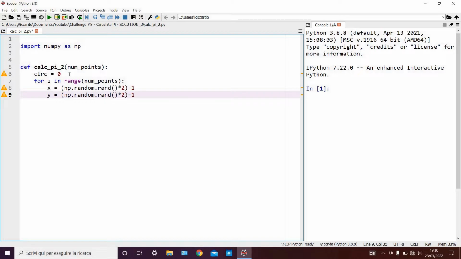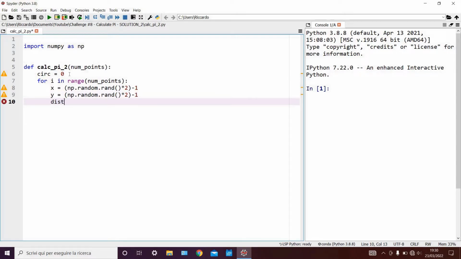Now, to calculate whether or not the point is inside the circle, we have to determine its distance from the center. If this is smaller or equal to the radius of our circle, which we know is 1, then the point is inside the circle. Else, it is outside of the circle. So we can say that the distance, which we can call dist, is equal to numpy dot square root of x squared plus y squared.